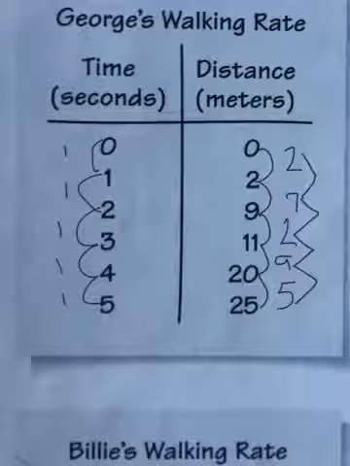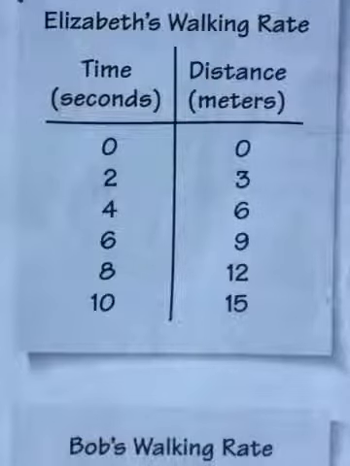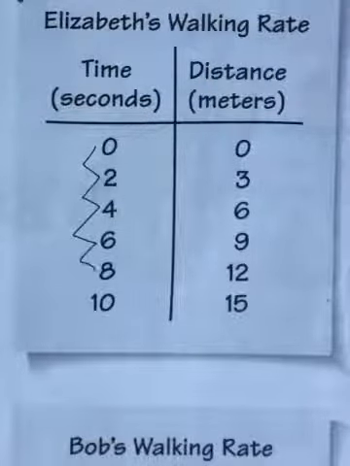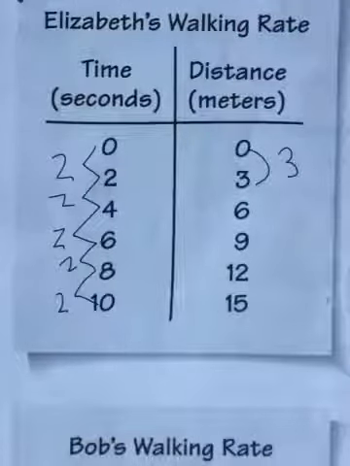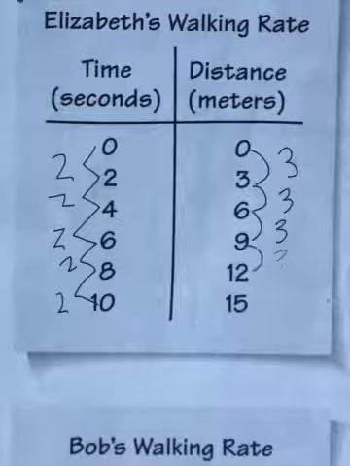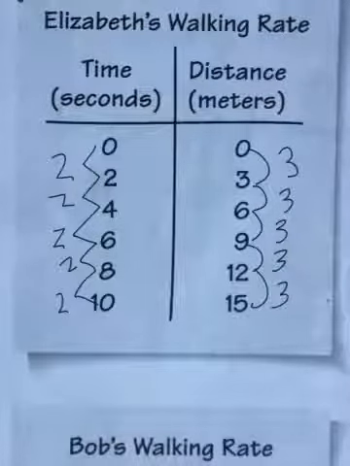be a linear relationship. Looking at Elizabeth's data, her time goes up by 2 seconds every time, and her distance between every 2 seconds goes up by 3 meters. Because her distance increases by the same amount every 2 seconds, we know that this will in fact be a linear relationship.